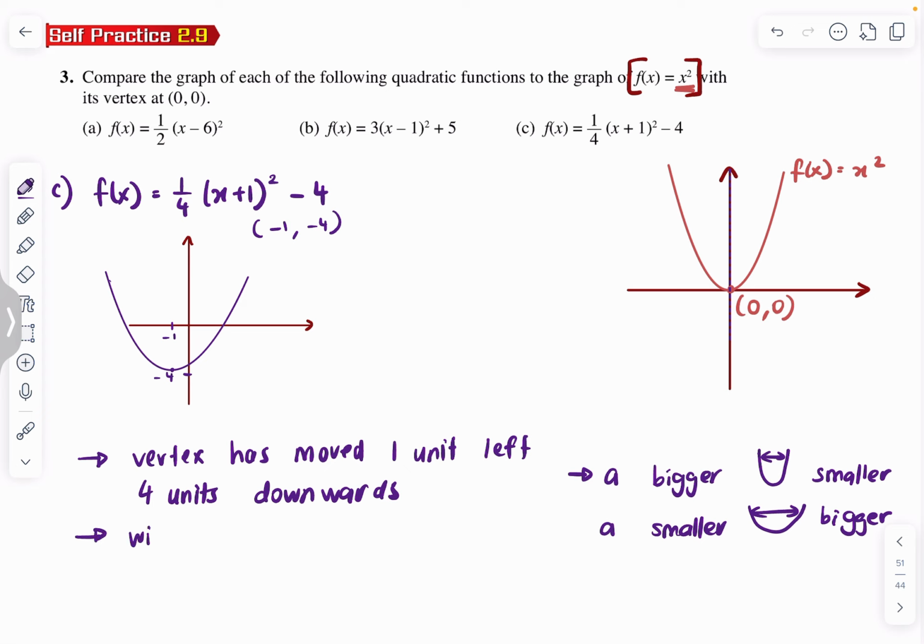Our width of the graph has increased. And the new axis of symmetry is here. x equals to negative 1. Is now x equals to negative 1. This will be our comparison. That's it. So you have to do one by one now. It's quite a long question.